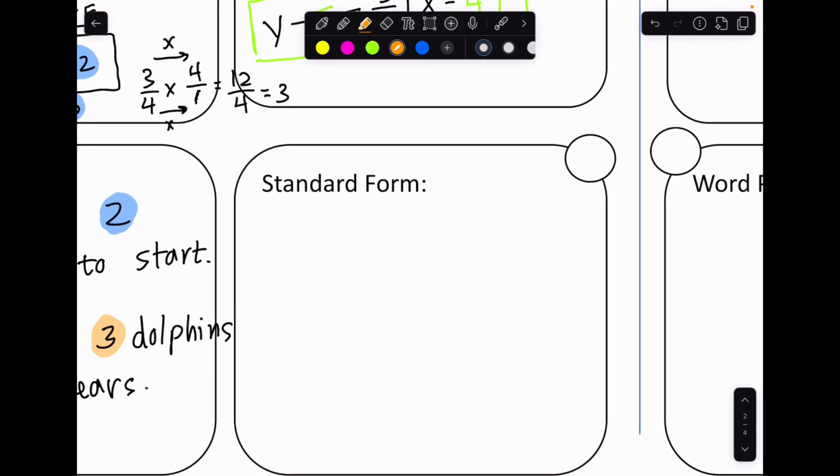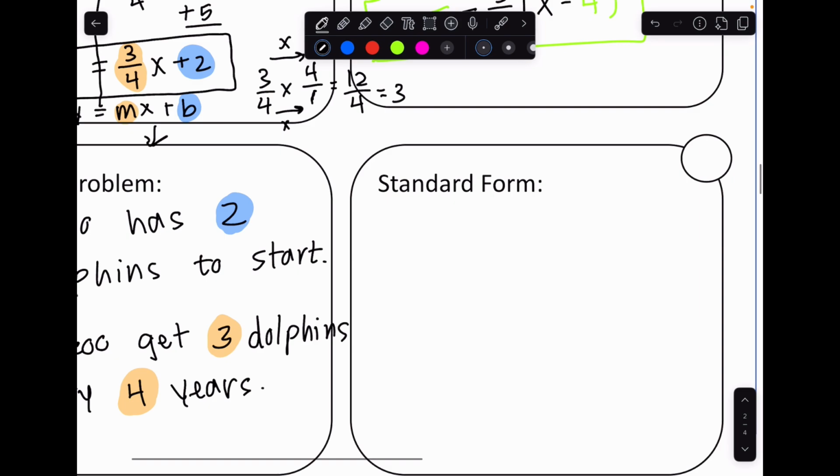Okay, now let's go ahead and get standard form out of the way. This also comes from our slope-intercept form. Remember, our standard form is ax plus by equals c.